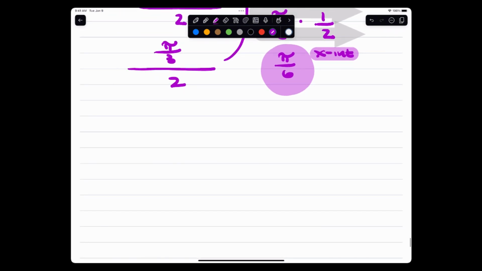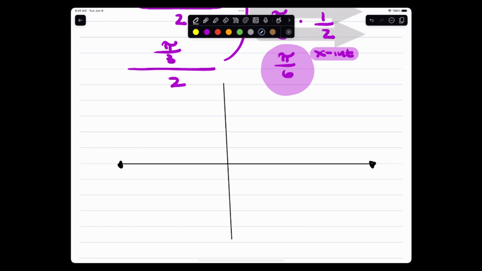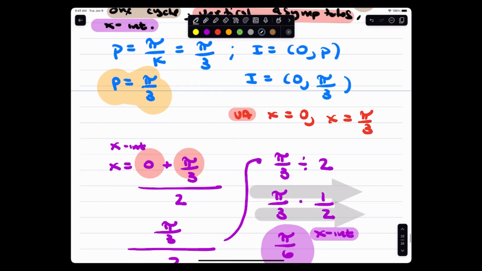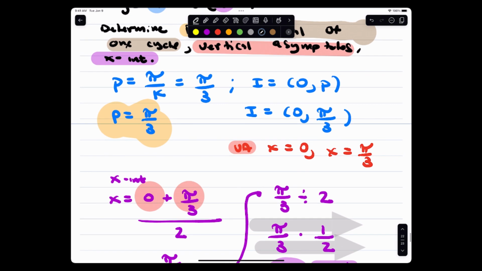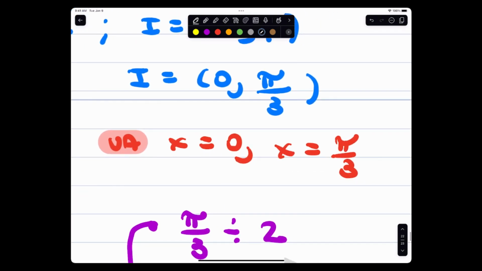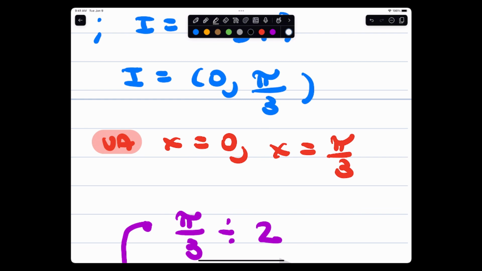So at this point now, when you sketch, because we're going to sketch this, what information do you start with, ladies and gentlemen? What do you always start with? Yes, good job. You start with your vertical asymptotes right here. That's how you find it. X is 0, x is pi over 3.